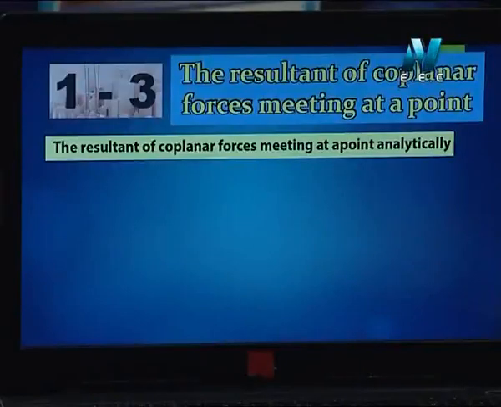This lesson talks about many forces, 2, 3, 4, 5, any number of forces, and we would like to find the resultant. So concentrate with me to see what this lesson is. The resultant of coplanar forces meeting at a point. This is our lesson. The resultant of coplanar forces meeting at a point analytically. X equals what?